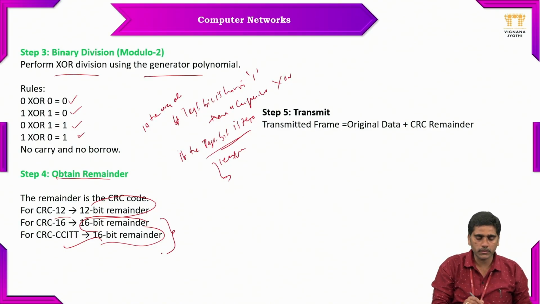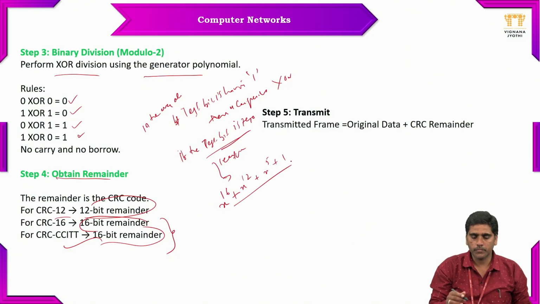The only difference between CRC 16 and CRC CCITT is that CRC 16 uses x^16 + x^15 + x^2 + 1, but CRC CCITT uses x^16 + x^12 + x^5 + 1. This is the computation process.